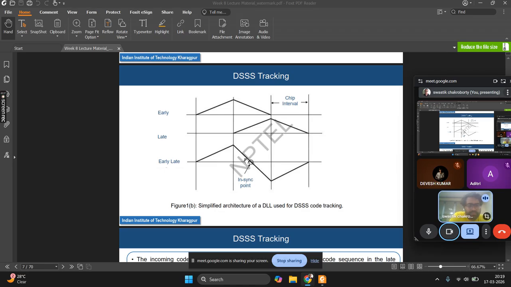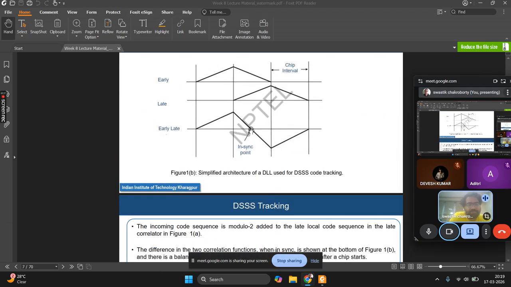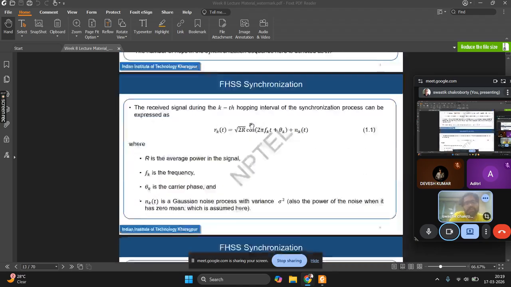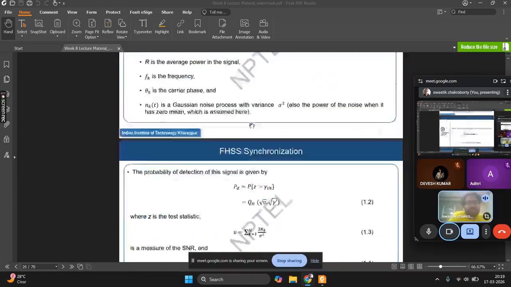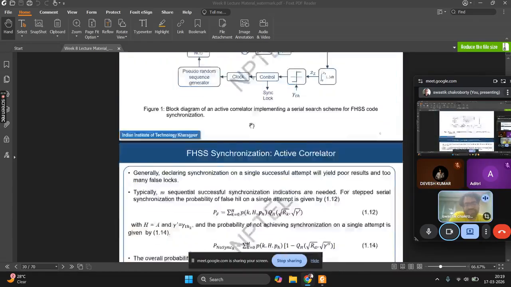You will get an intermediate zero crossing point. If this zero crossing point is in the middle of the entire time span, then your codes are in sync. If not, they are out of sync by the amount of time which the in sync point has shifted from its actual balance point or center of gravity. So that is the principle of early late tracking.